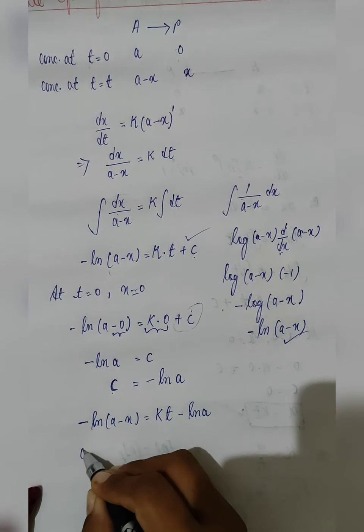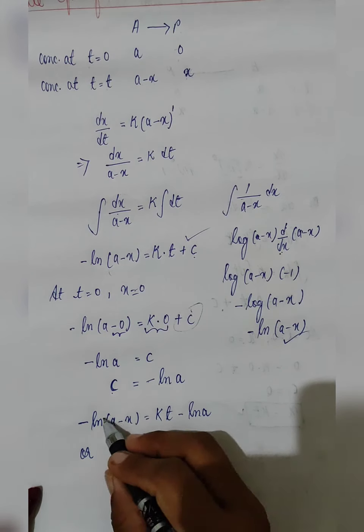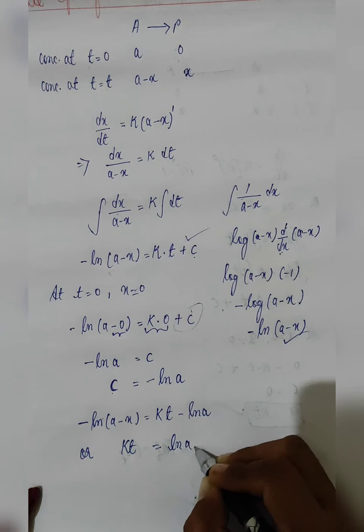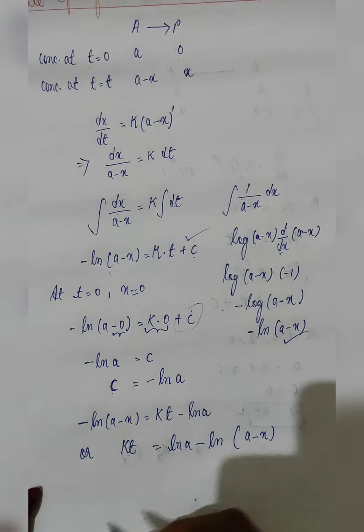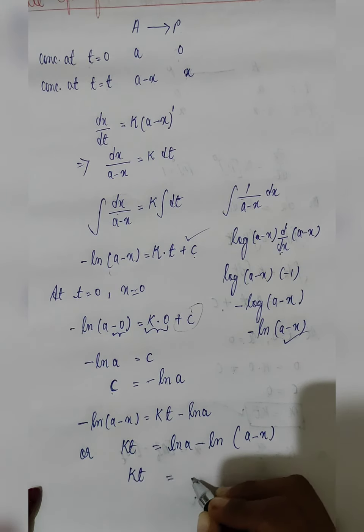This very equation can also be written as kt is equal to, this will go to the right hand side, ln a minus ln (a minus x).